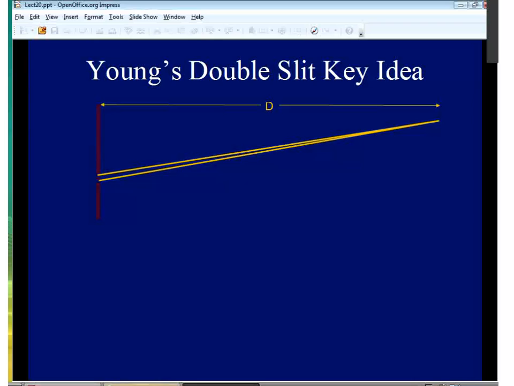So when we say the path difference is there, it's a very little path difference. So don't expect B and D, bright and dark regions, to be far apart. They will be very, very close.